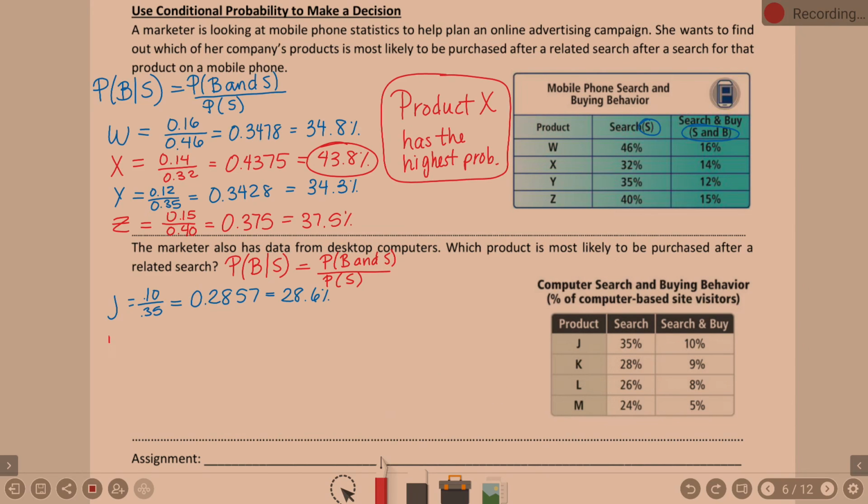K. 9% divided by 28% is 0.3214, or 32.1%.